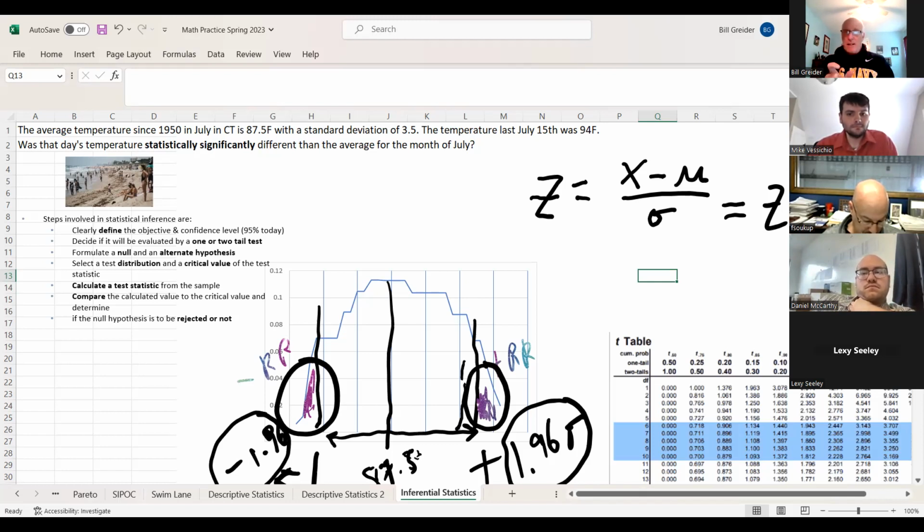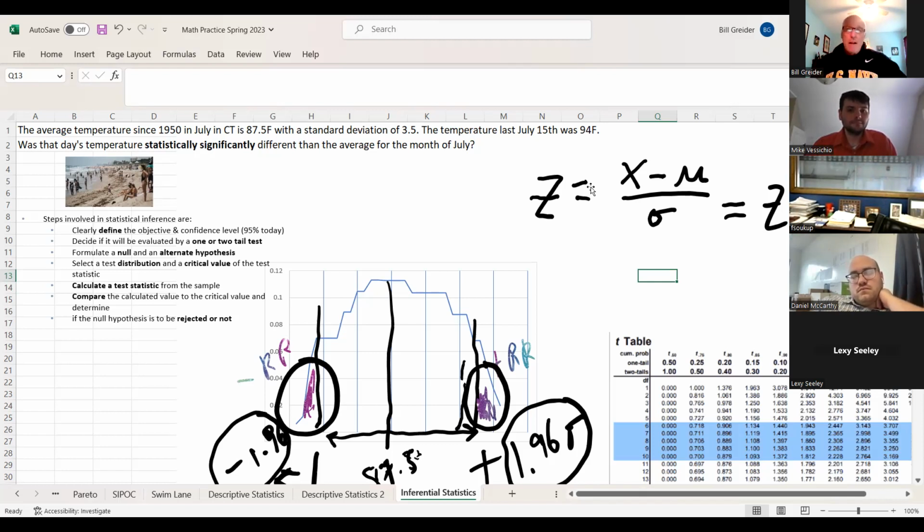So anytime in a problem statement, because we're going to see a bunch of these problems, we see different, and not hotter or colder, faster, slower, thinner, thicker, whatever you want to measure, this indicates that it's a two-tailed test. And all that means is when you look at the bell-shaped curve, that is one sloppy curve that I drew with my mouse, we're looking at both ends. We're looking at the right edge of the curve and the left edge of the curve. All right, does that make sense? It's a one or a two-tail test.